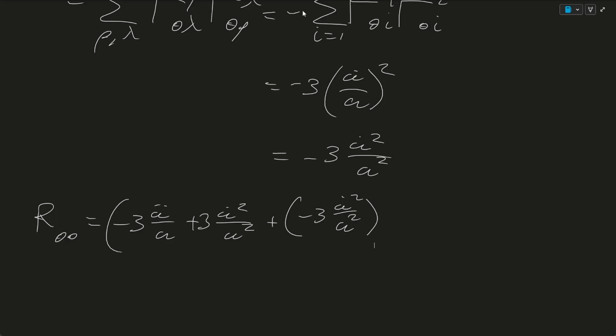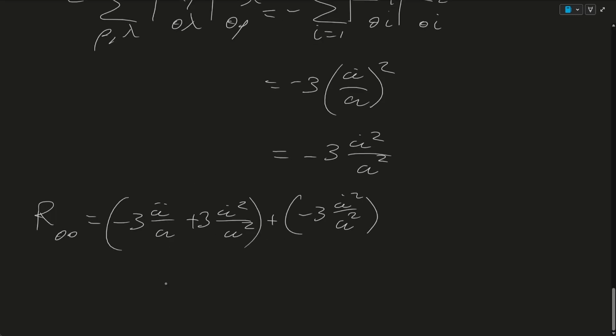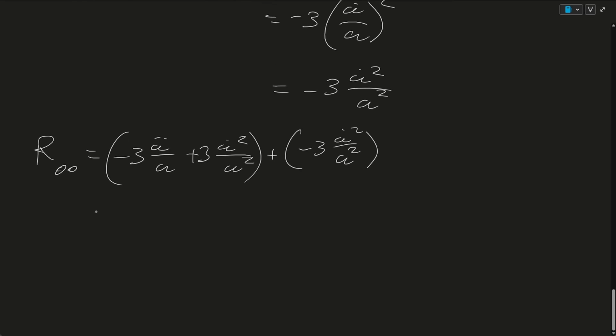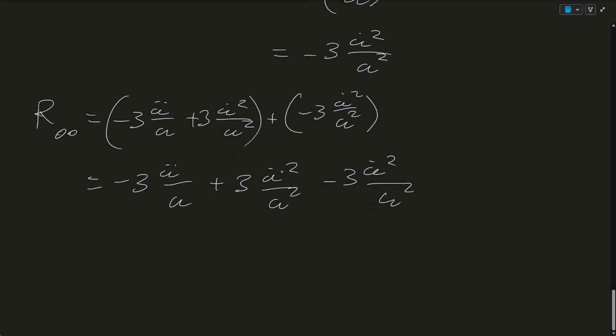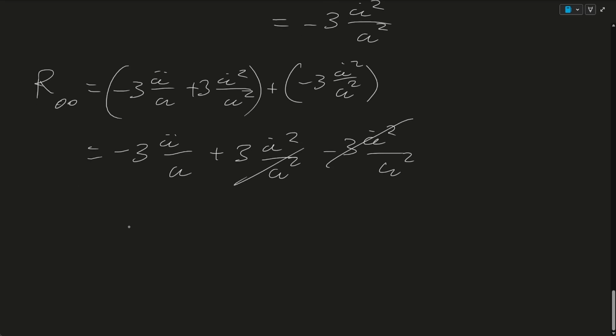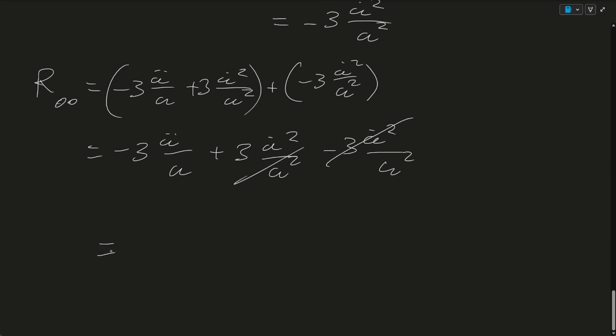That's minus 3a double dot over a plus 3a dot squared over a squared minus 3a dot squared over a squared. Cancel out. So r naught naught is equal to minus 3a double dot over a. Nice.